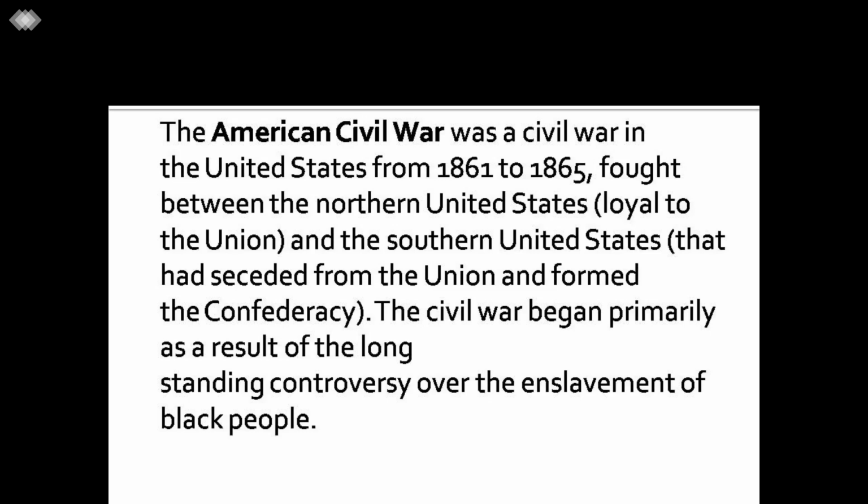They chose Jefferson Davis as their president. Lincoln wanted to preserve the Union at any cost. He declared that he would even use military forces to resist the separation of the southern states.